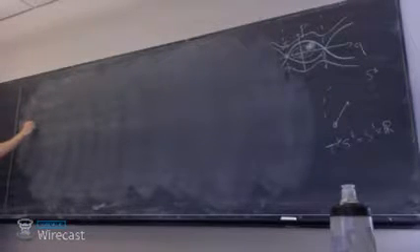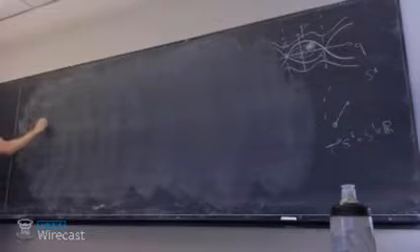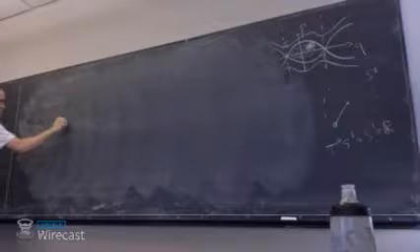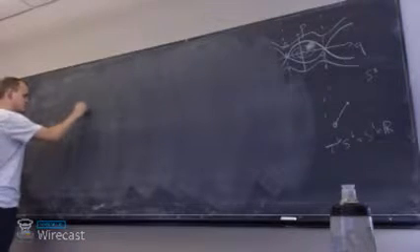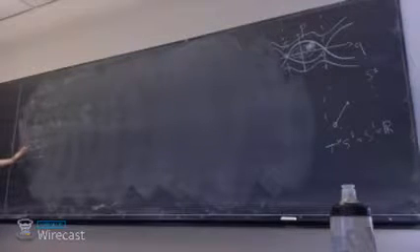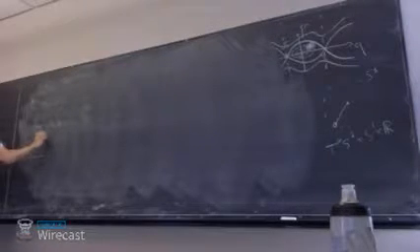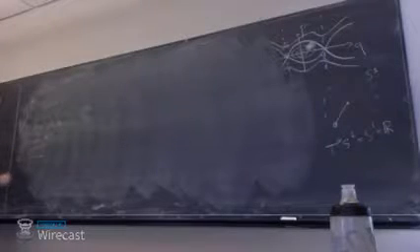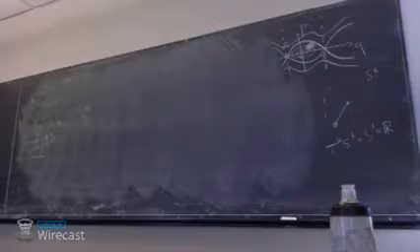Let's consider a free electron in a magnetic field. I have a plane, and my electron is moving, constrained to that plane, and the magnetic field is orthogonal to the plane.